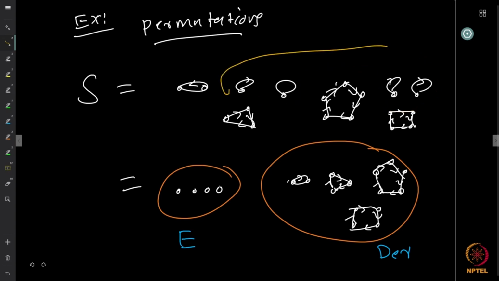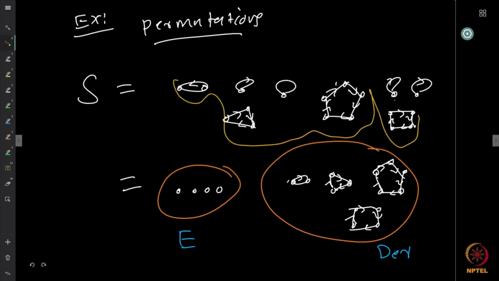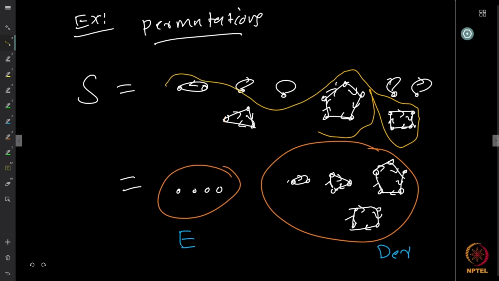And then you have the cycles where you have at least two elements. Now, where all the cycles have at least two elements, the product of such cycles will be a permutation where no element is fixed. Therefore, they are called derangements. A derangement is a permutation without any fixed points.